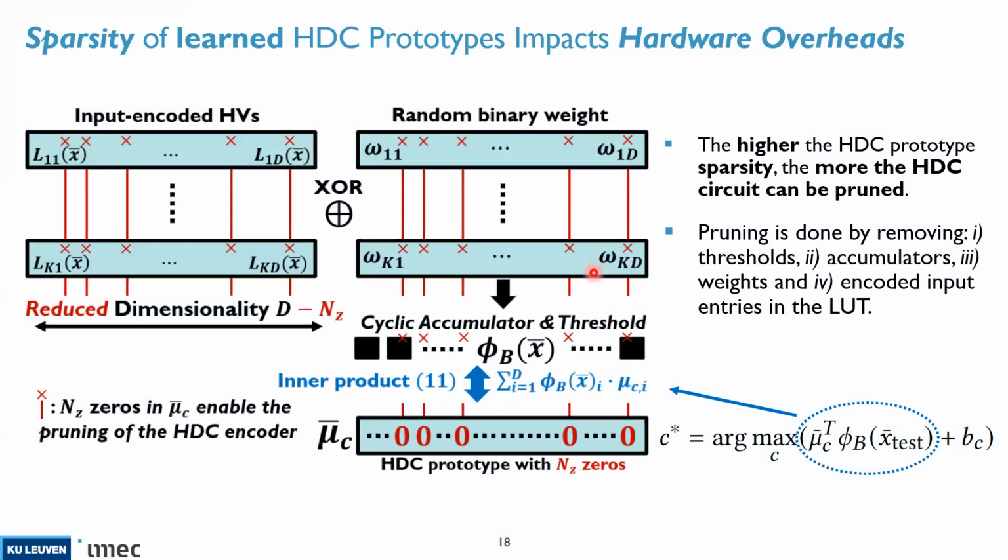So you mean, if I understand you well, that if we have sparsity but we cannot remove these elements, would we have some kind of benefit? Then the benefit will, let's say, only be reduced to the inner product in that case. So the computation that you would do in the inner product phase here will be simplified. But in terms of area, you will not save anything because you cannot remove it from hardware.